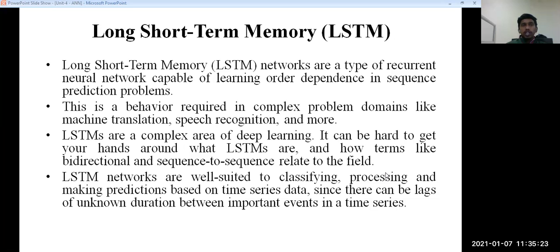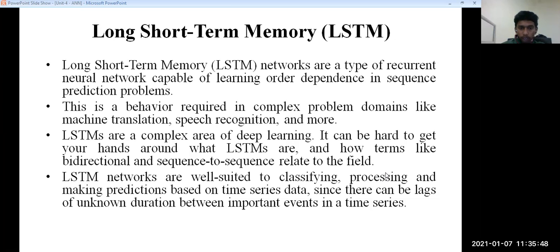For every sequence data processing, it is able to give you appropriate output because of this LSTM. This is a behavior required in complex problem domains like machine translation, speech recognition, and many other applications we have seen previously. All these applications can be done by RNN because of this long short-term memory in the hidden layer only.